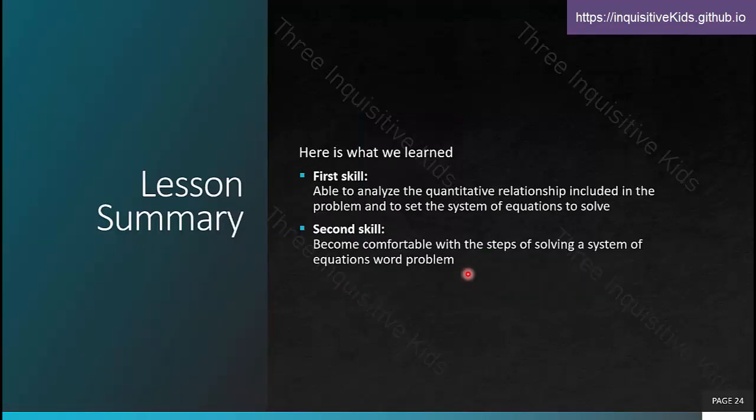Lesson summary. The two skills we learned today are to analyze the quantitative relationships included in the problem, and based off of that to set the systems of equations and to solve. Right? And one tool that helped us do this was the chart. And also to become more comfortable with the steps of solving a system of equations word problem. Right? And with the practice that we did, in the end, the solution wasn't the final answer.